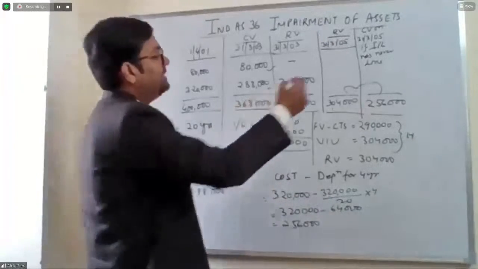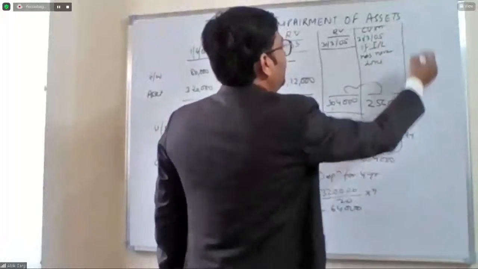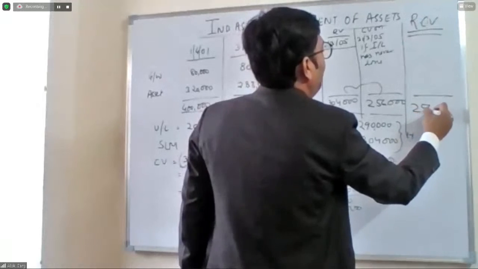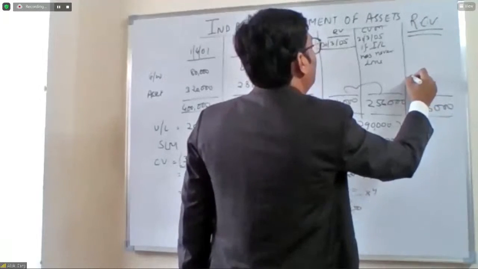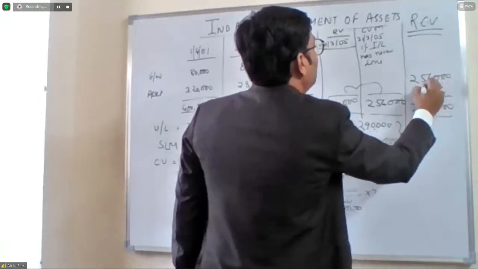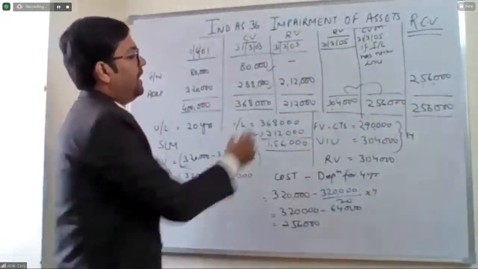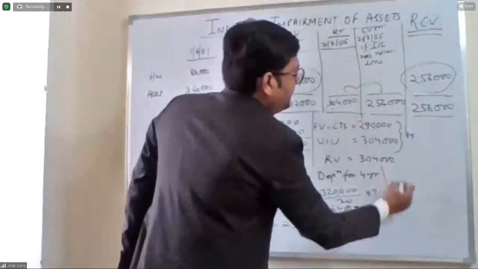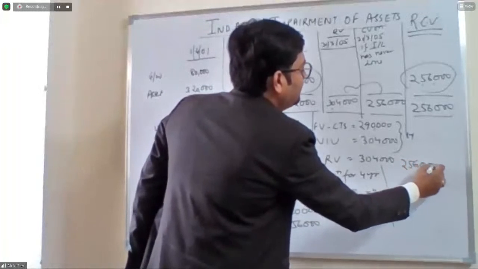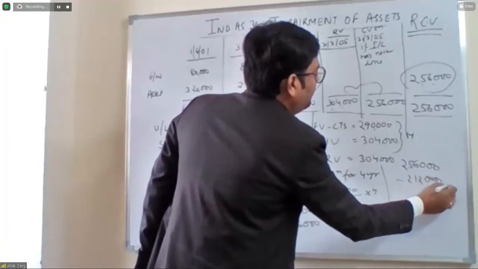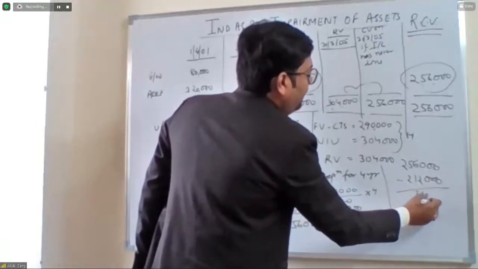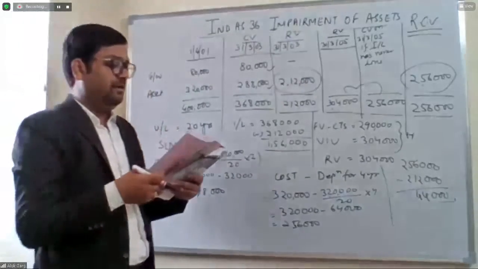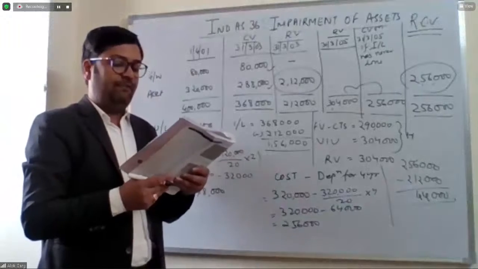So in this case, the revised carrying value will be 2,56,000. So how much impairment loss is required to be reversed? 256 minus 212, so 2,56,000 minus 2,12,000, which is 44,000. So 44,000 of impairment loss is required to be reversed. Okay. Have you understood this part?